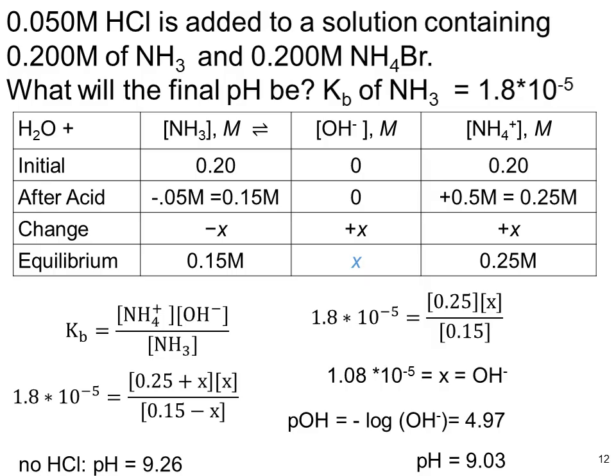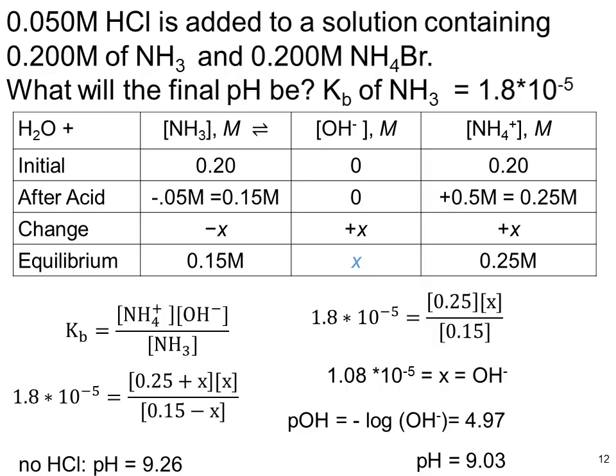And if we compare that to what the pH of the buffer system would be without HCl at all, the system without HCl would have a pH of 9.26. The system with HCl had a pH of 9.03. So sure enough, adding acid made the pH more acidic, but it's a relatively small change.